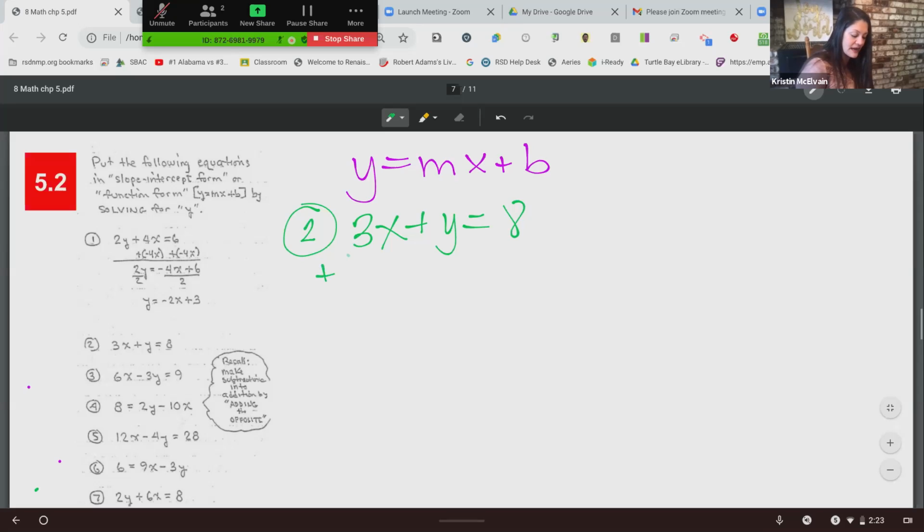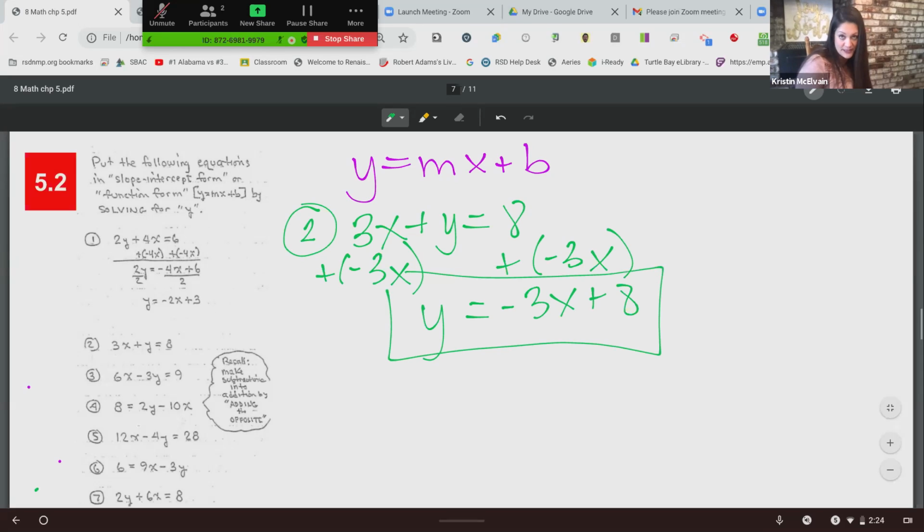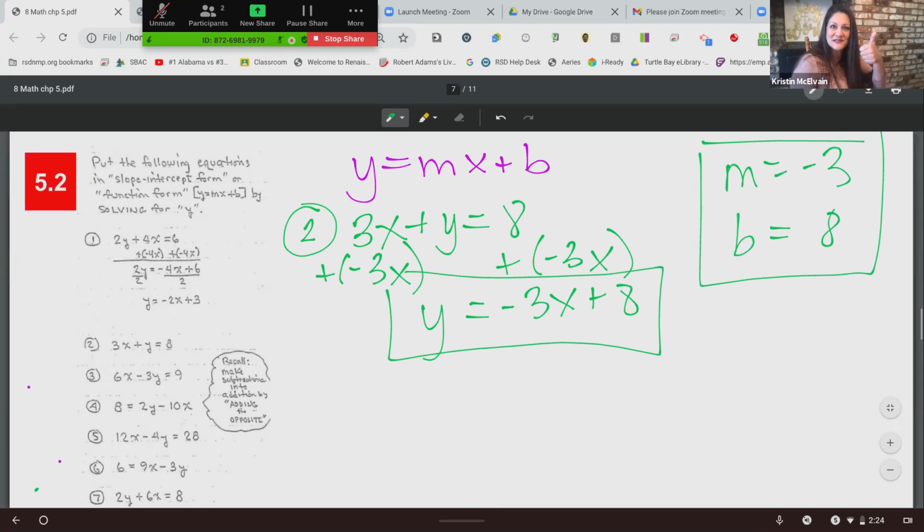So we are going to add the opposite on each side. That leaves us with y equals negative 3x plus 8. So that is our slope-intercept equation. And then, of course, you're going to say, my slope is negative 3, and my y-intercept is 8. Pretty easy peasy, lemon squeezy, right?